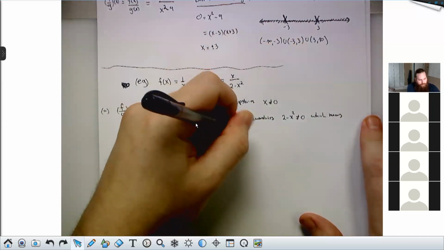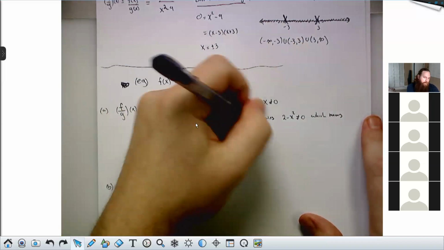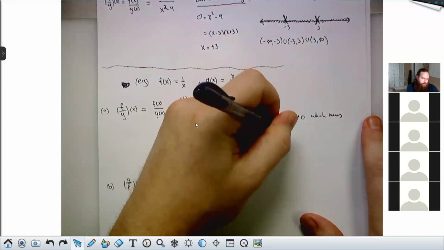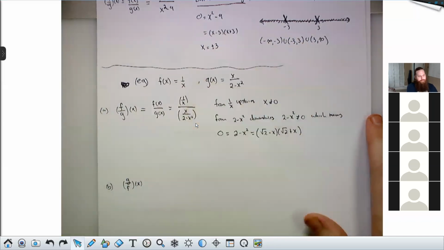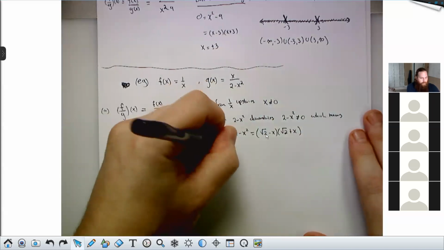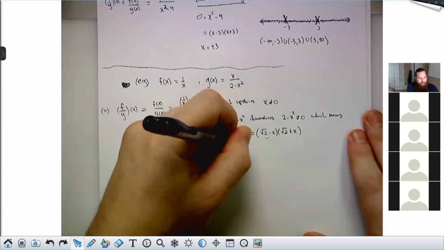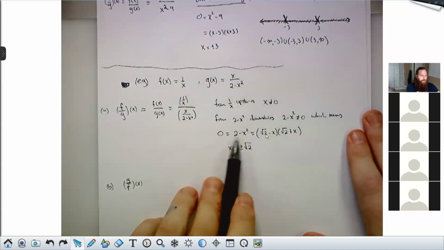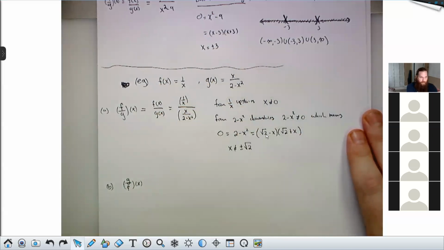So 2 minus x squared factors as the square root of 2 minus x times the square root of 2 plus x. Even though 2 isn't a perfect square, it is the square of the square root of 2. So here we find that x cannot be either of plus or minus root 2. And yeah, you could have gotten that by adding x squared and then taking square roots, but again, you want to get used to factoring.